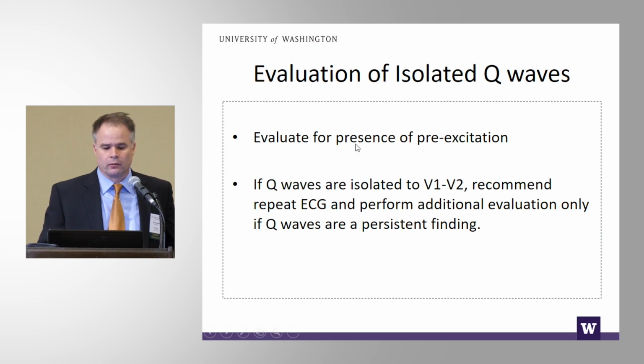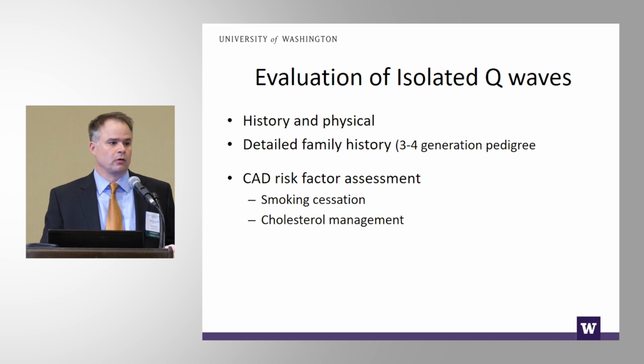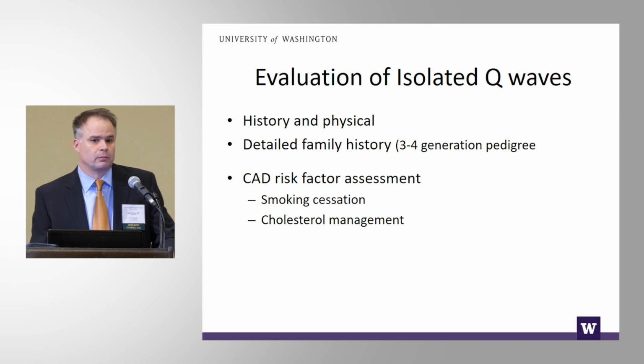Evaluation of isolated Q waves. We evaluate for the presence of pre-excitation. If the Q waves are isolated to V1 and V2, we recommend a repeat ECG before doing any additional testing. Again, do the history and physical, with a detailed family history. We'll look for coronary artery disease risk factors, with cholesterol management if they have high cholesterol, smoking cessation if they smoke, et cetera.